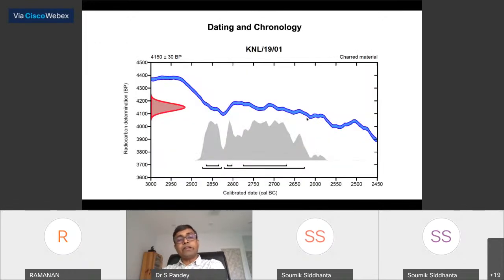Now, in terms of dating and chronology, I'm sure you all have heard about radiocarbon dating. It is a very widely applied technique, and these are the radiocarbon dates of some of my samples from an excavation we did in Haryana, in Kunal, 2 years ago. Some of the charcoal samples were sent to Beta Lab in Miami, Florida, for radiocarbon dating.